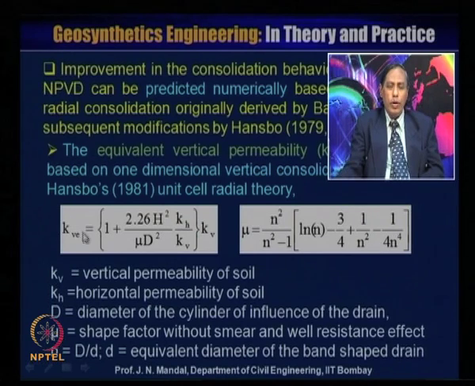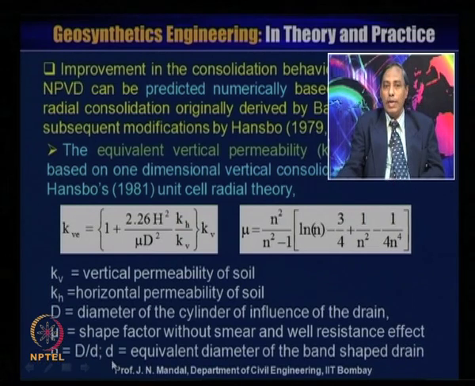So, here k_VE = k_v (1 + 2.6 H² / (μ D²) × k_h / k_v), where μ = n² / (n² − 1) × (ln n − 3/4 + 1/n² − 1/(4n⁴)), where k_v is the vertical permeability of the soil, k_h is the horizontal permeability of the soil, D is the diameter of the cylinder of influence of the drain, μ is the shape factor with smear and well resistance effect, and n = D/d, where small d is the equivalent diameter of the band shape drain.